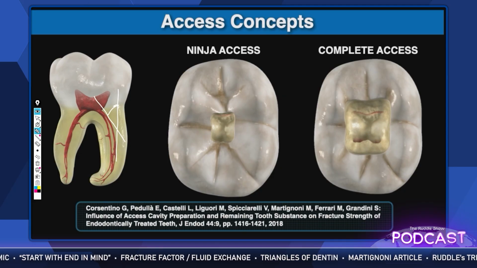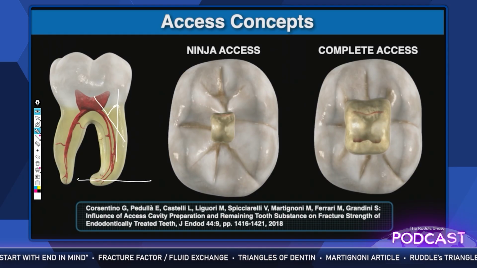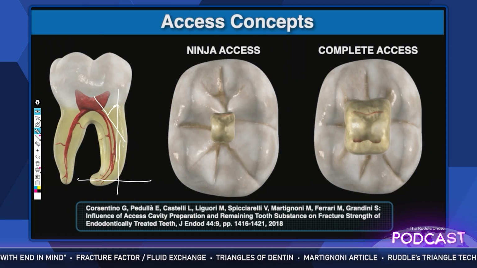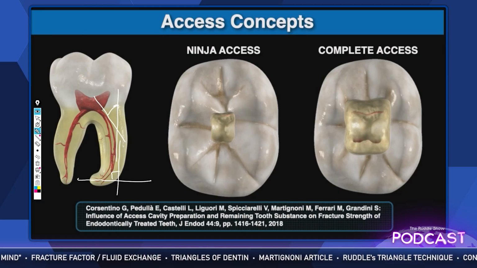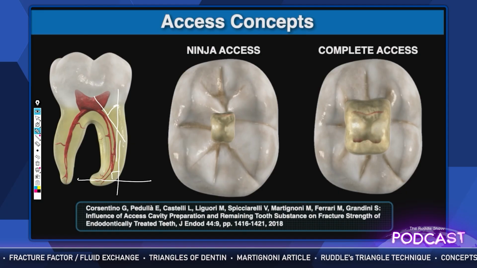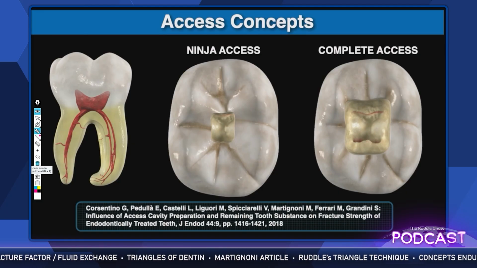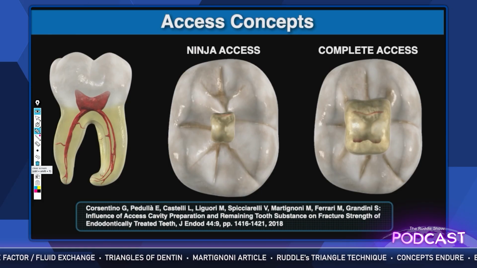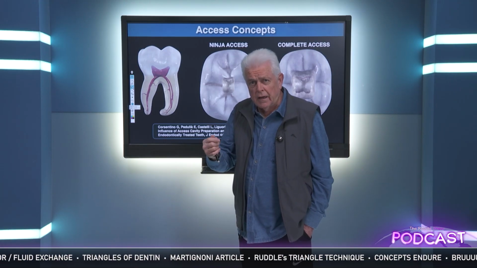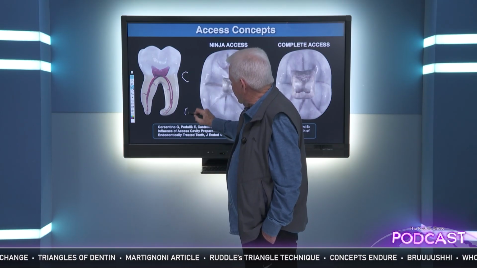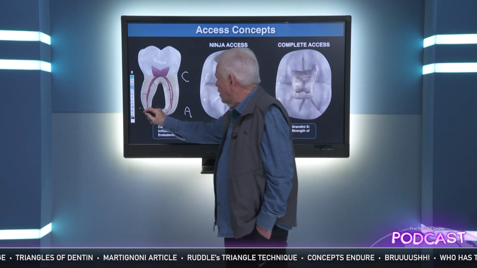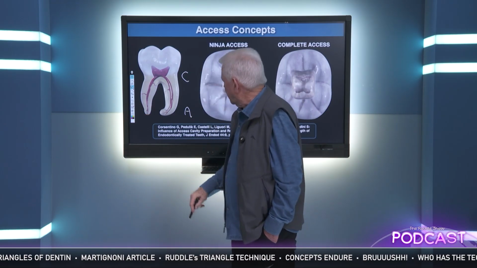And then now we have a canal that goes like this, and we have a canal that goes like this, and you could see you're approaching 90 degrees. So when Lisette said you're kind of complicating it by not removing the triangles of dentin, and she talked about the double curvature, well, there's a coronal curvature and there's an apical 1/3 curvature, and that's what she's talking about, and that's what we talk about quite a bit.